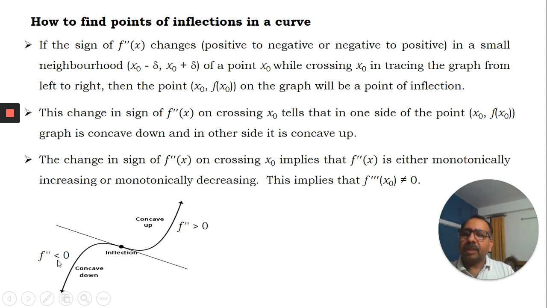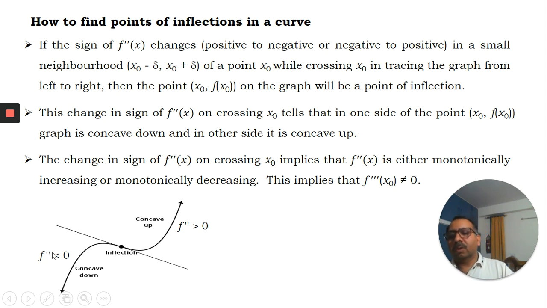So f double dash less than 0 means the curve is concave down in this direction and the curve is concave up in this direction. The change in sign of f double dash on crossing x naught implies that f double dash is monotonically increasing or monotonically decreasing. Here f double dash x is negative, then 0, then positive. So the f double dash function is monotonically increasing in this picture.